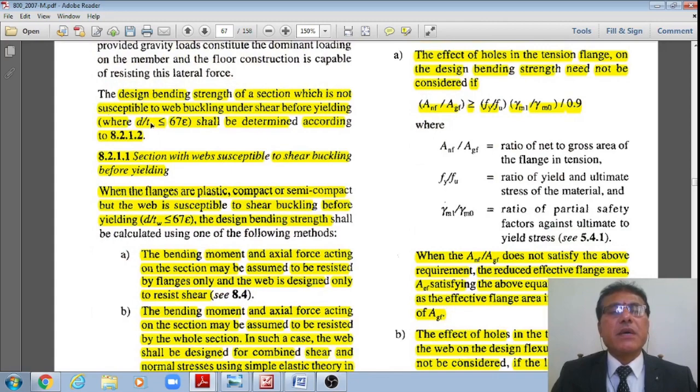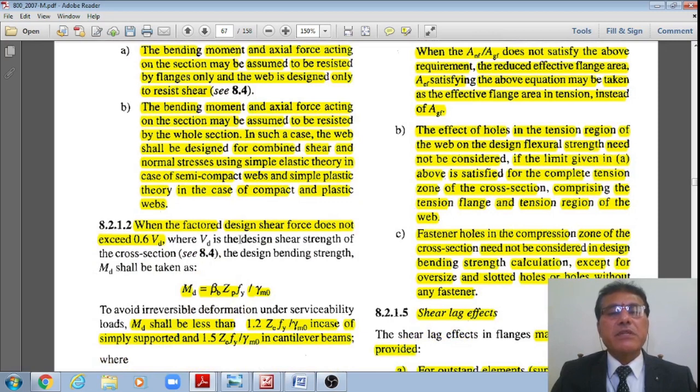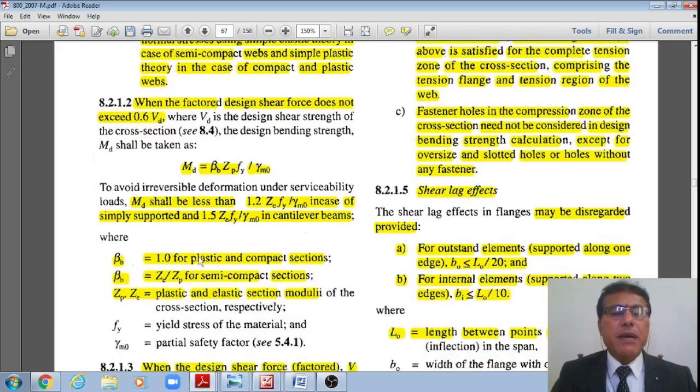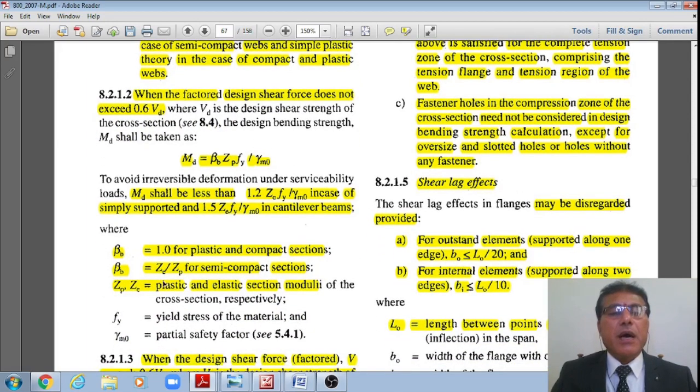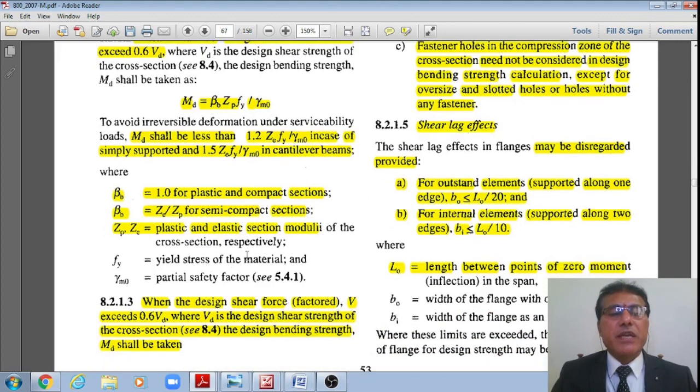Therefore, as per this, where d by t is less than 67 times epsilon, then even when subjected to the low shear, means VU not exceeding 0.6 VD. MD is given by beta B ZP Fy divided by gamma M naught, where beta B is equal to 1 for plastic and compact section, or it is equal to Z, the ratio of the elastic section modulus to plastic section modulus for semi-compact section, and ZP and ZE are the plastic and elastic section moduli respectively.